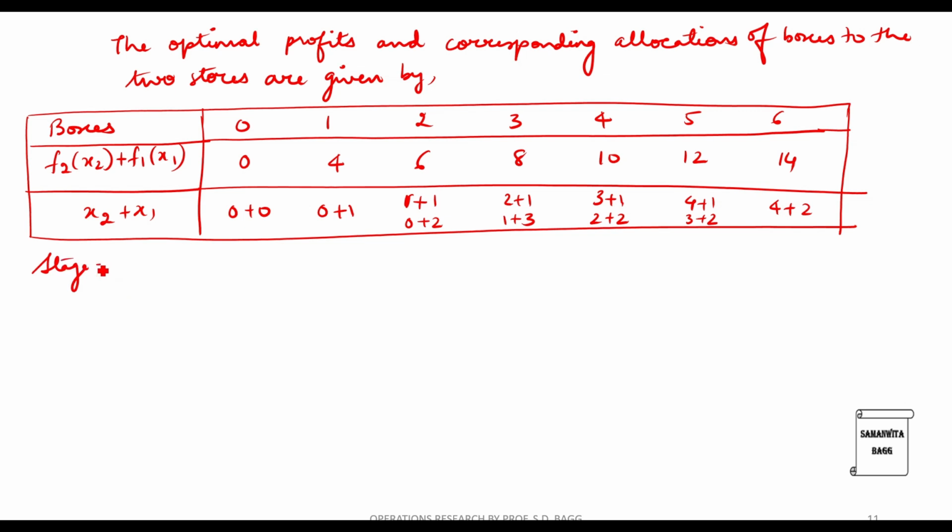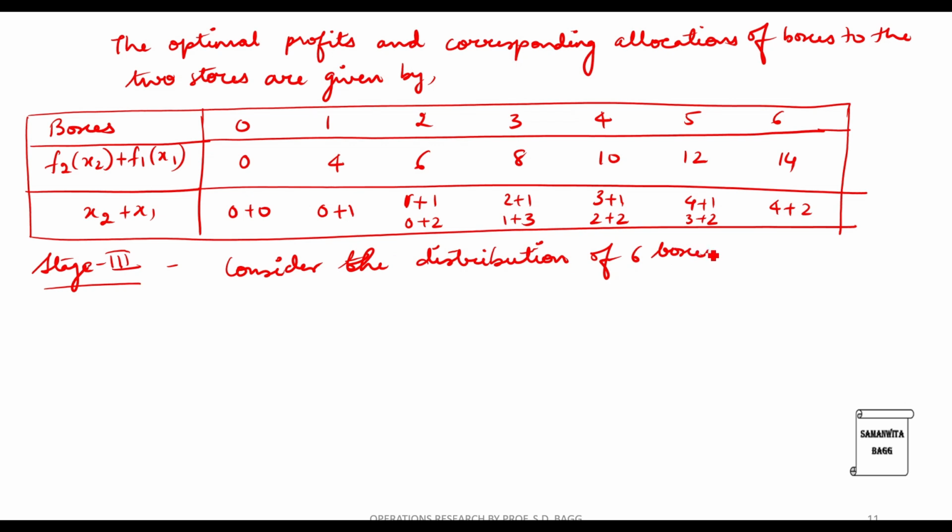So next I'll go for stage 3, where I'll consider the distribution of 6 boxes to 3 stores, 1, 2 and 3.